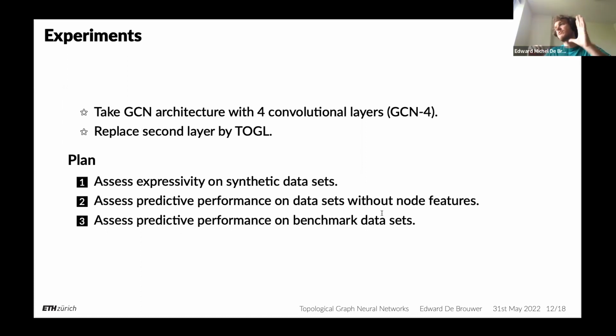And from the stack, we just replaced one of the GCN layers by our TOGL layer. This is to be very fair in terms of comparison, because it's not adding more computational power on top. It's just swapping one of the GCN layers for a TOGL layer. Then we assess the expressivity on synthetic data sets just to validate that our approach is doing what it's supposed to do, and then predictive performance on data sets without node features, and then on benchmark data sets.